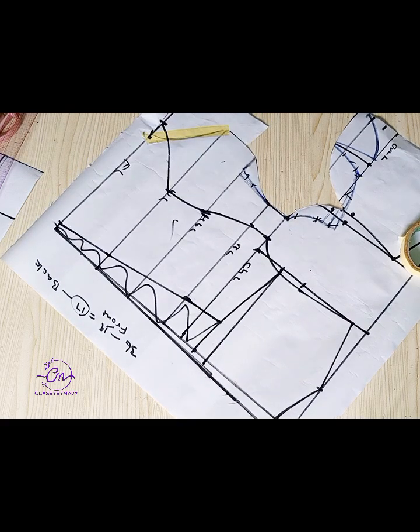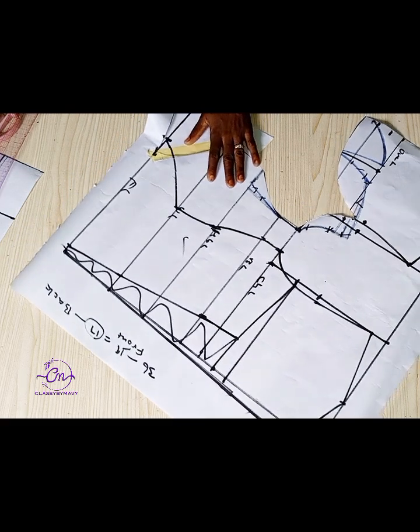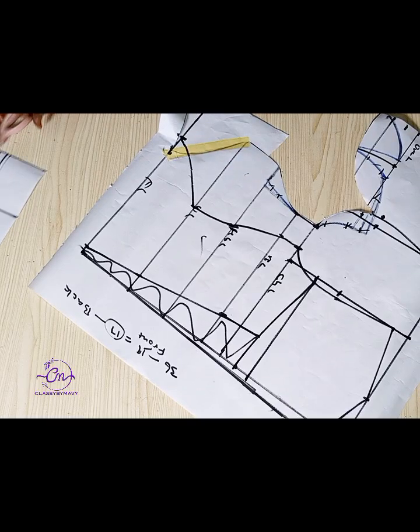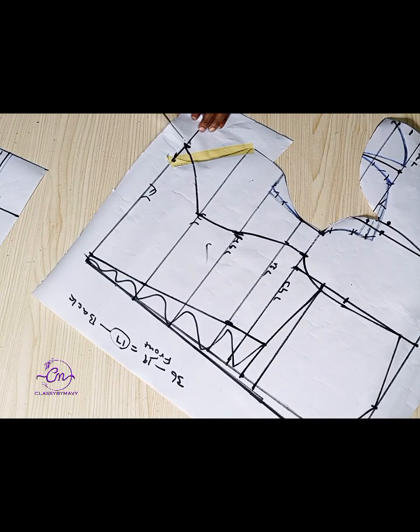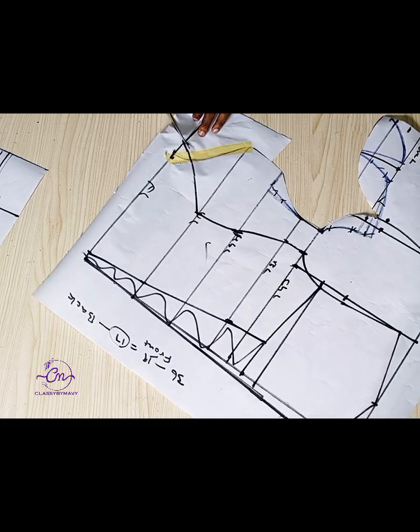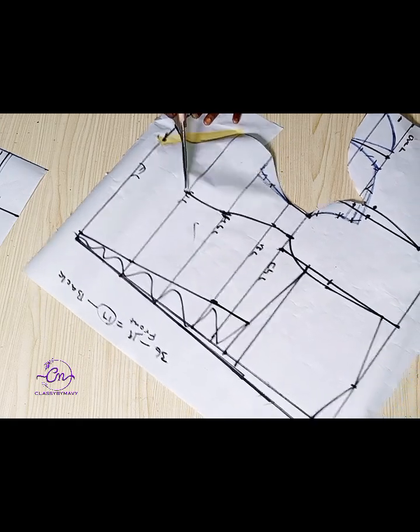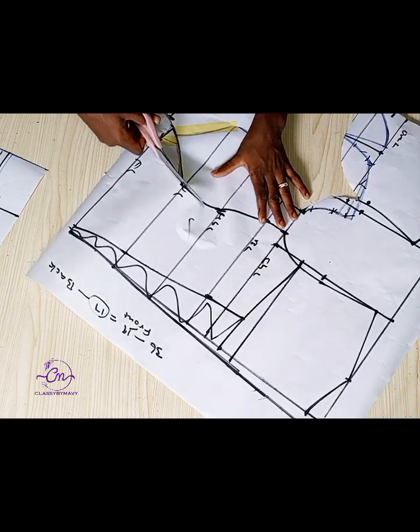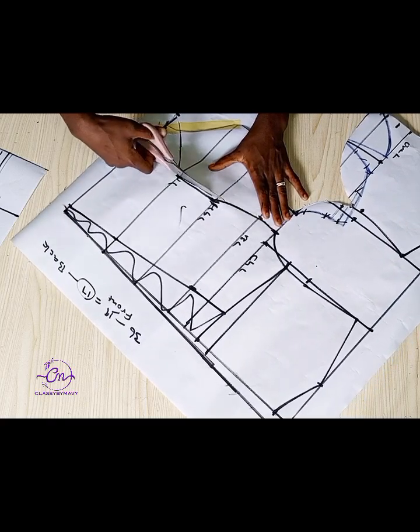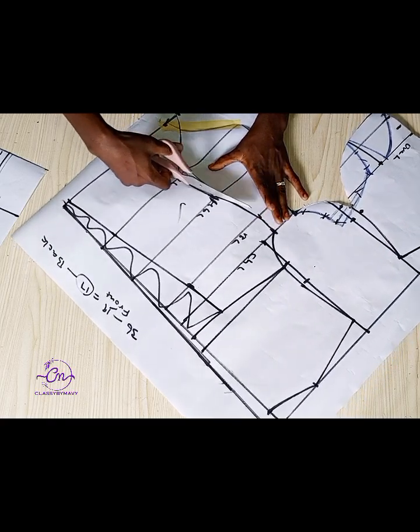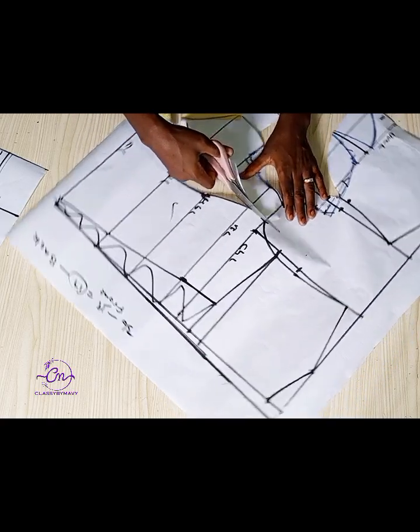This is our back pattern. So for the back pattern, we are also done. I'll cut out now. After cutting out, we'll now come over and place imaginary channels. Mind you, your channels can be how you want it. There is no rigid way of placing your boning channels.